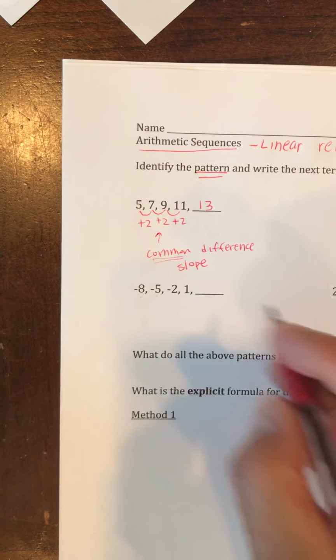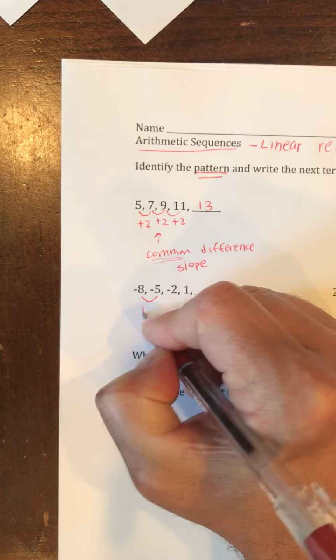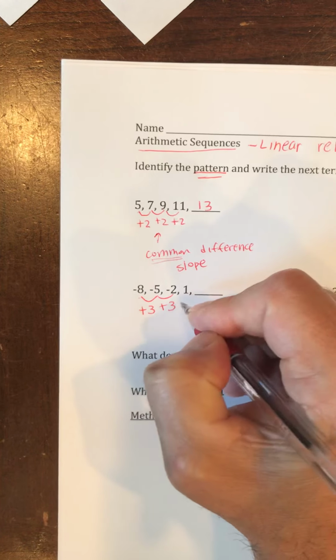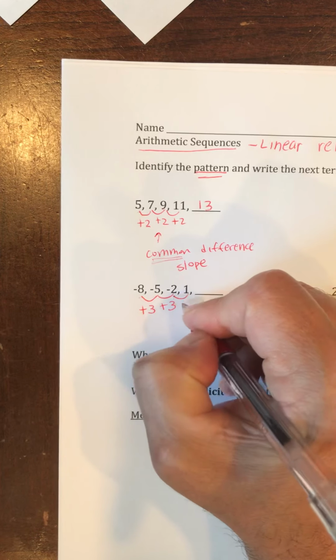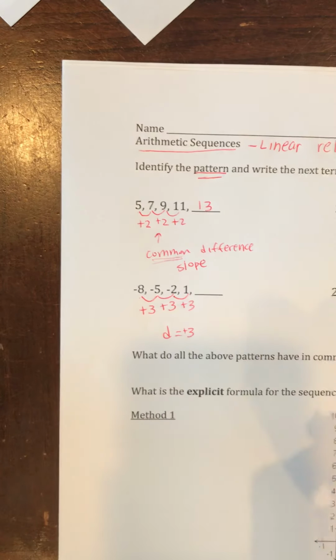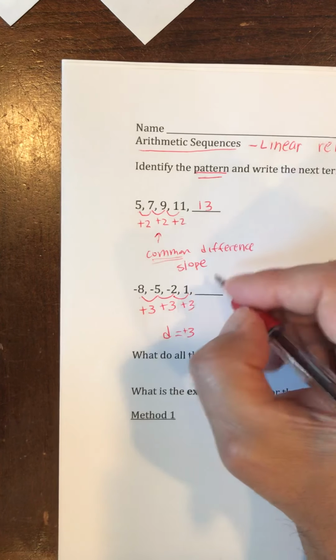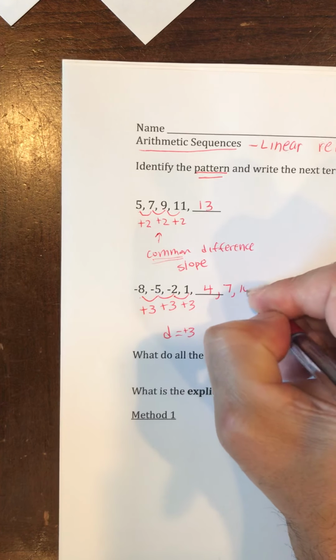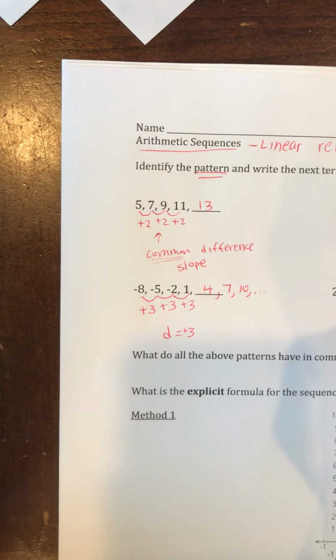From -8 to -5, it's going up by 3. From -5 to -2, going up by 3. So our common difference D is +3. The next term after 1 would be 4, and if you wanted to keep going, it would be 7, 10, etc.